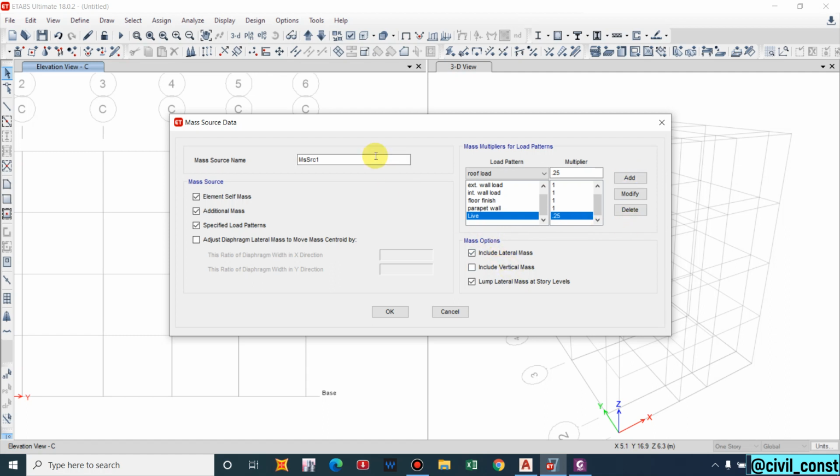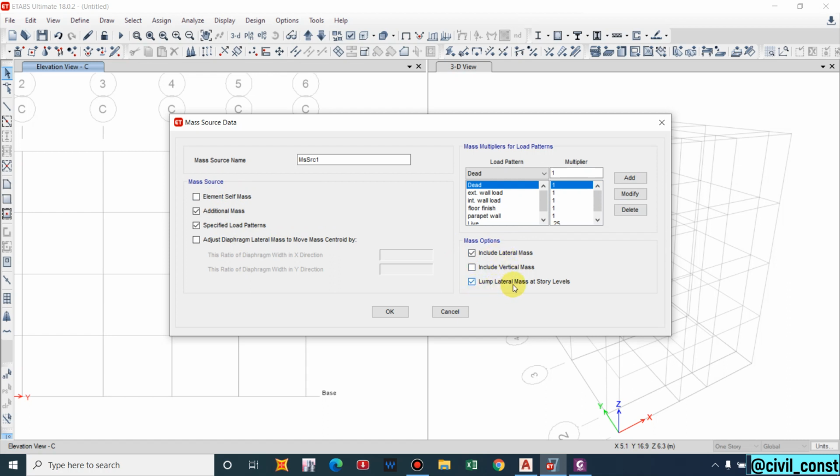So why does mass source have to be considered? Basically it is required for calculating the base shear of the structure and performing structural analysis, or seismic analysis. So we'll consider mass source. Now we have to untick element self mass because we have already considered dead load. So by specifying load patterns we have to uncheck element self mass, and the lateral mass will be lumped at the story levels.